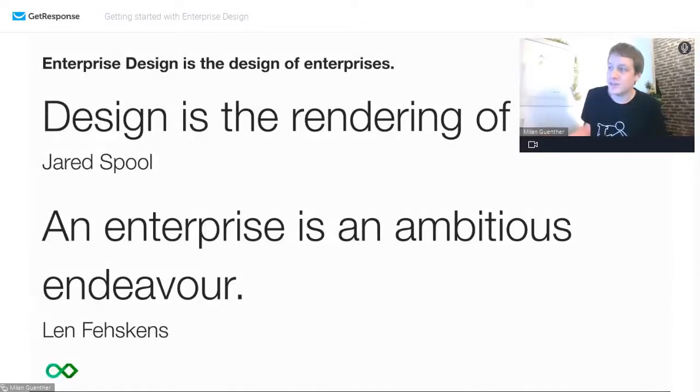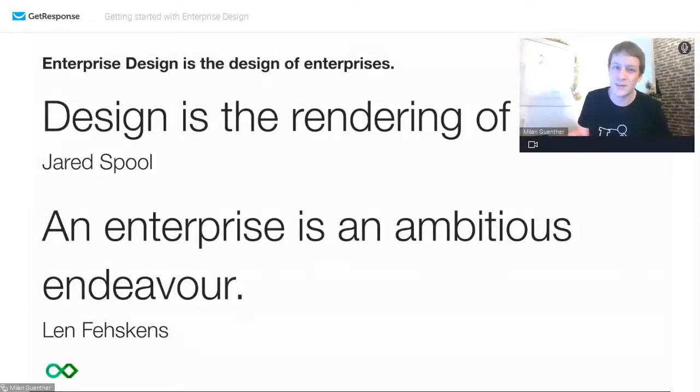And what is design? Jared Spool, who is one of the people behind the term user experience, says design is the rendering of intent. So you have some intent, you want to make something happen. The rendering being, how will this manifest in the world for people so that they can see it, use it, touch it, and get value out of it. So this rendering of intent is what we design in the end.